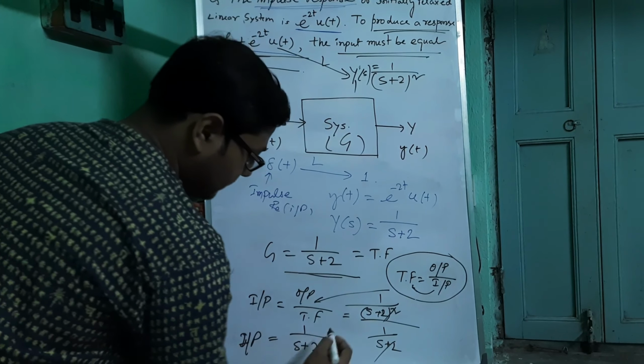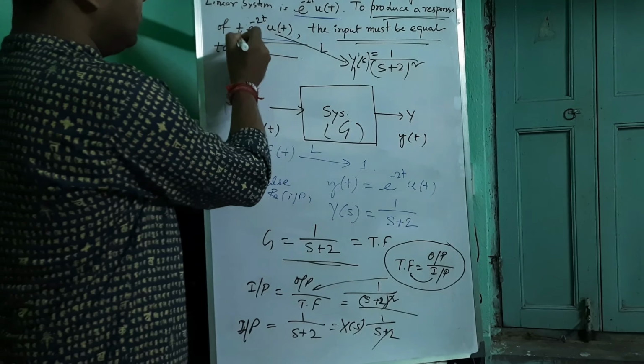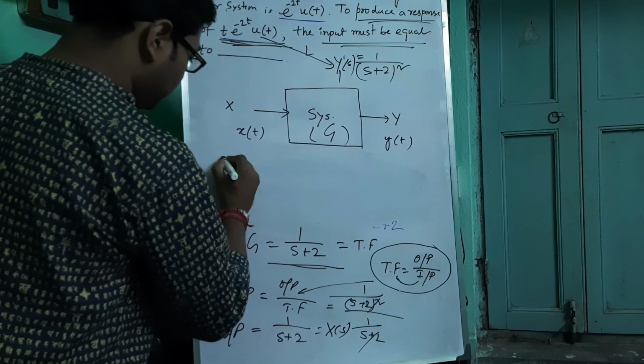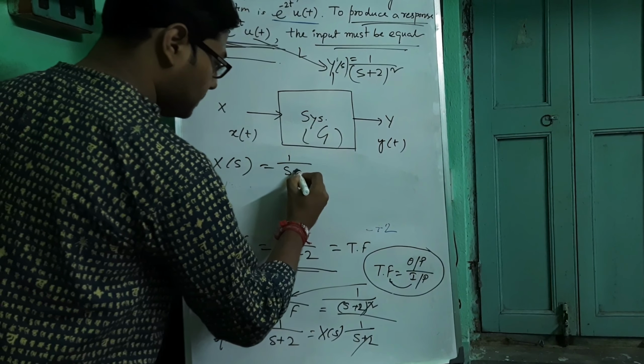This is X(s) for this output. The new input X(s) is equal to 1 by s plus 2.